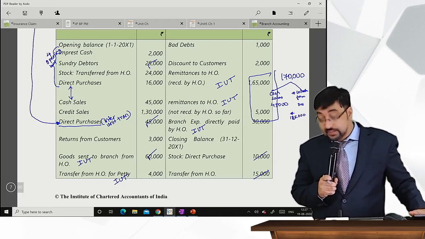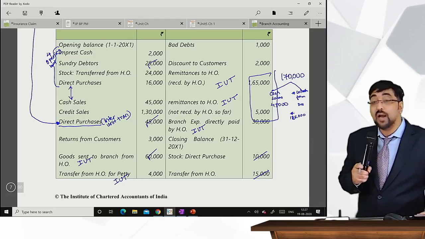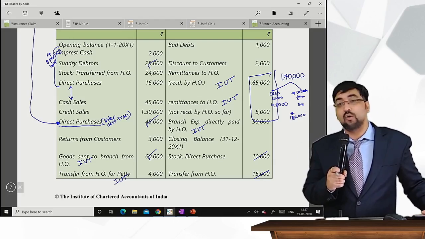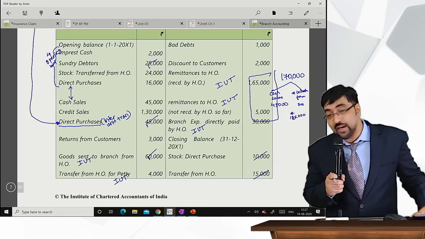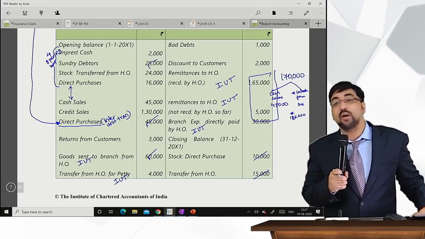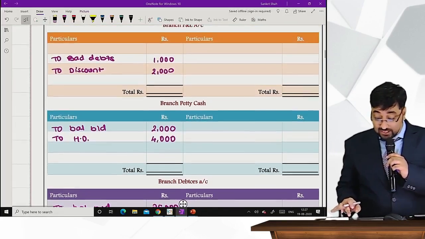Branch expenses directly paid by HO. What entry will the branch pass? Branch will pass expenses account debit to HO account, because HO is a liability to pay HO and therefore a credit balance, and expenses account we open and HO account we have not opened. Therefore, we will write it in the books of expenses account.